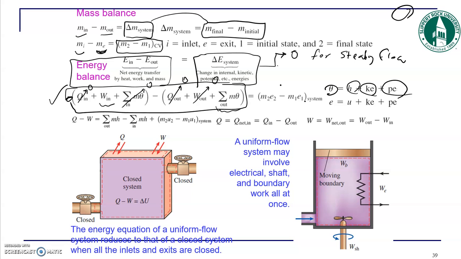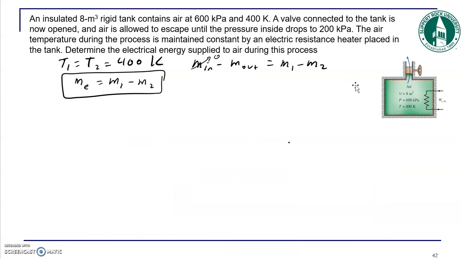And let's look at the energy term. The energy term is internal, kinetic, potential. These two parameters are ignored. It's true also for theta. These two parameters are ignored, so we will be left only with the internal energy and the enthalpy. So your energy equation would look something like this.